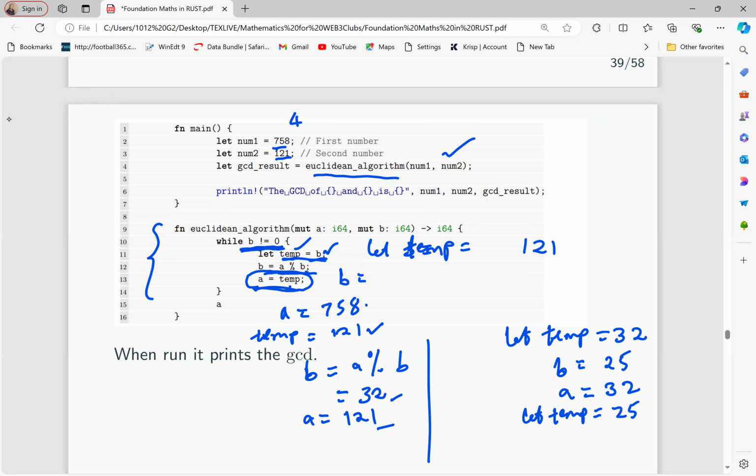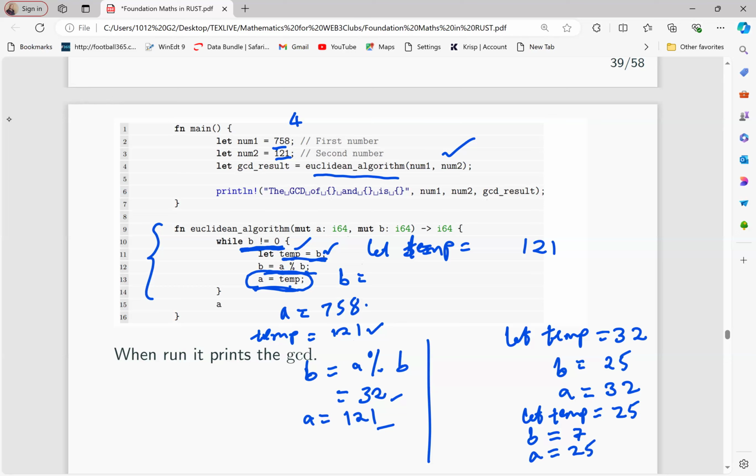B is the remainder. A and B are changing, they are mutable. A on division by B, the remainder is 7. A is the number which was temporal, 25. B is not 0.